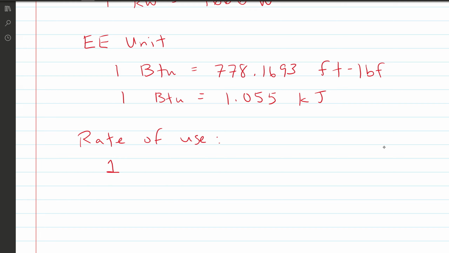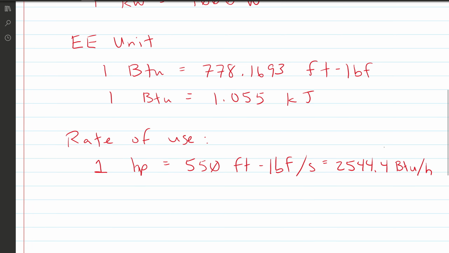All right, again, we have the rate of energy use, or the rate of change, power. So we look at it in horsepower. 1 horsepower is equal to 550 feet pounds force per second, and that's about 2,544.4 BTU per hour. 1 horsepower is equal to about 0.7457 kilowatts.